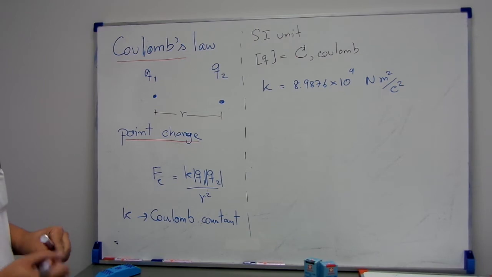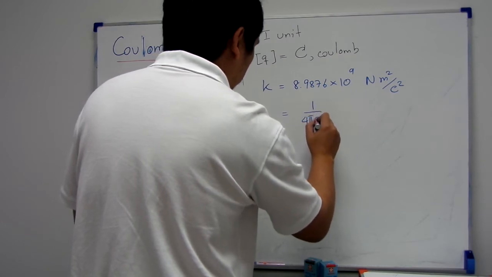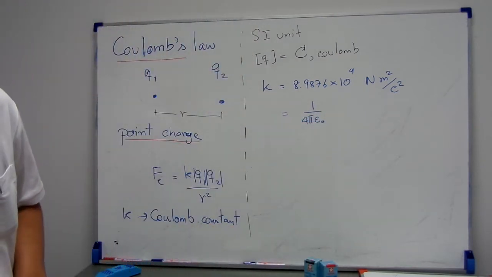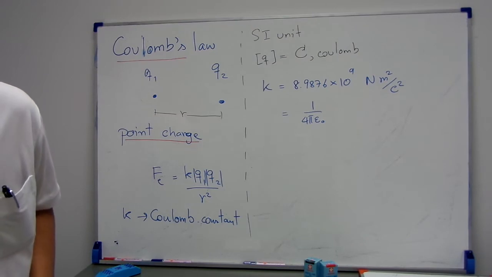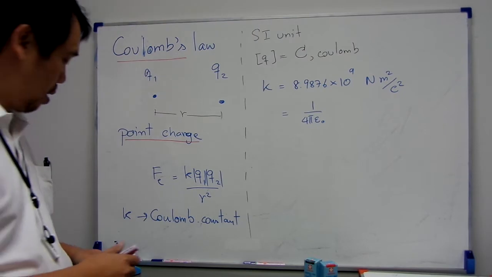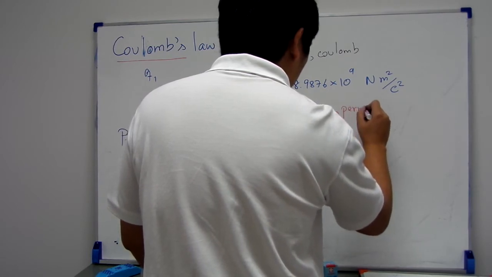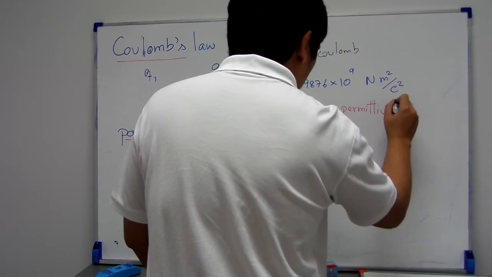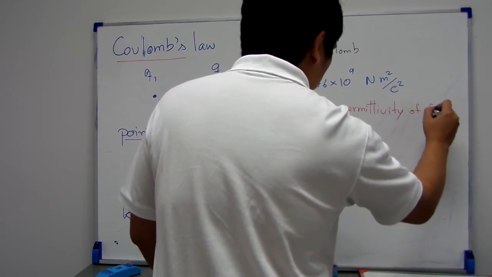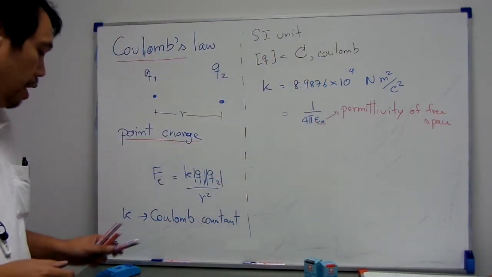We can also write the Coulomb constant as 1 over 4 pi epsilon 0, where epsilon 0, or epsilon naught, is the permittivity of free space. We will discuss the meaning of epsilon 0 later.